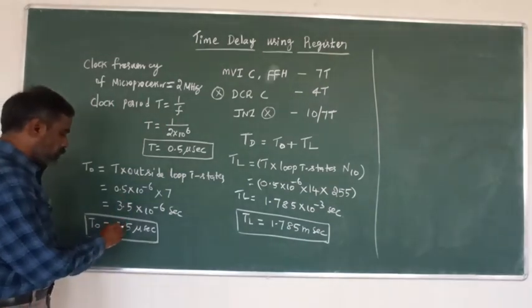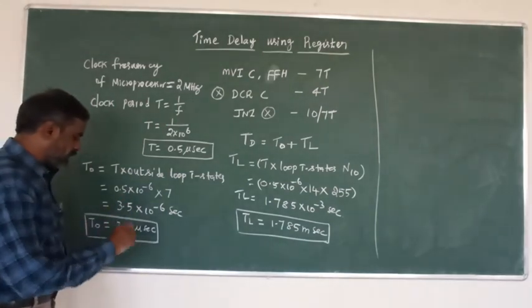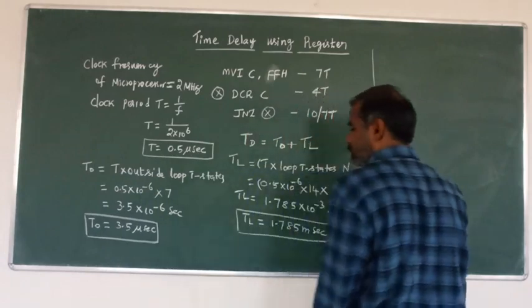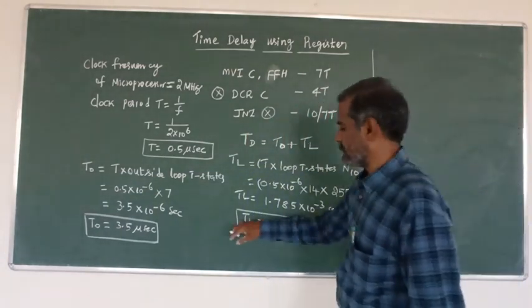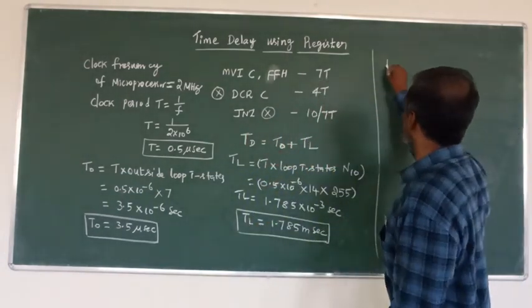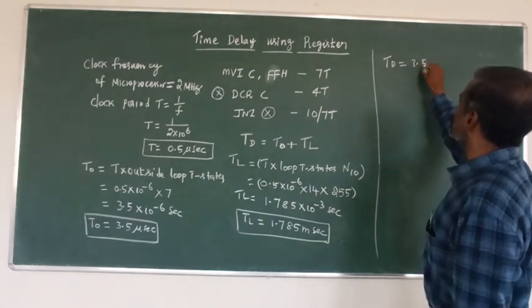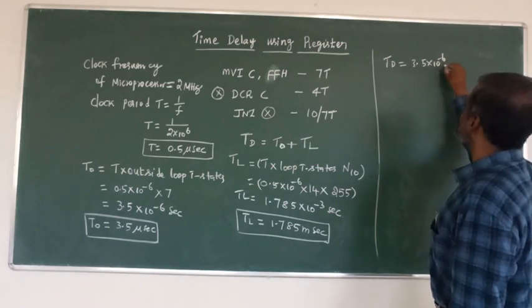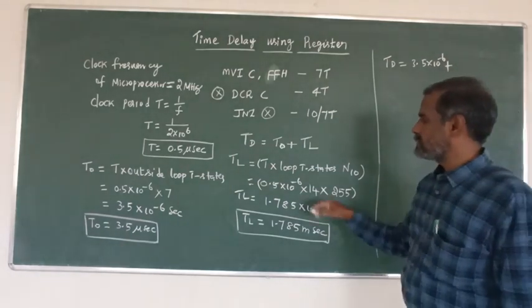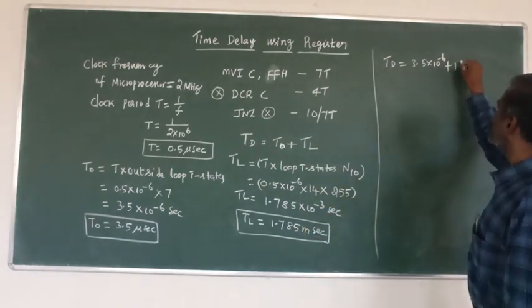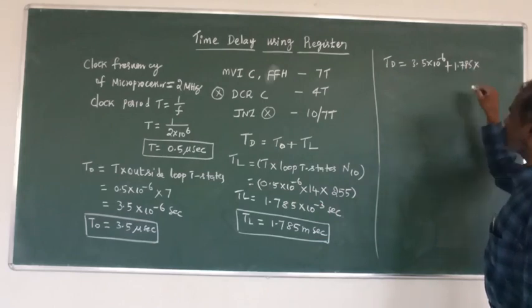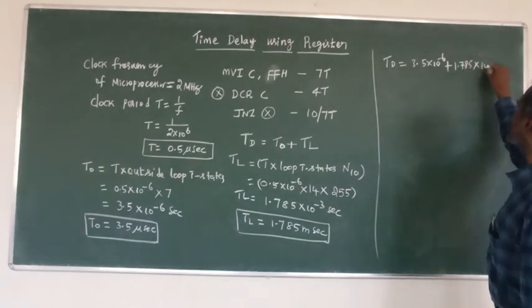Now we can get the value TO equal to 3.5 microseconds. Now TO and TL values substitute in TD. Now TD equals TO, 3.5 into 10 to the power of -6, plus the TL value, 1.785 into 10 to the power of -3.